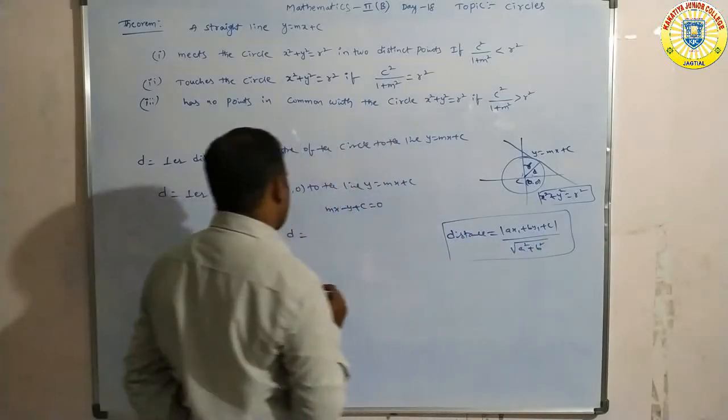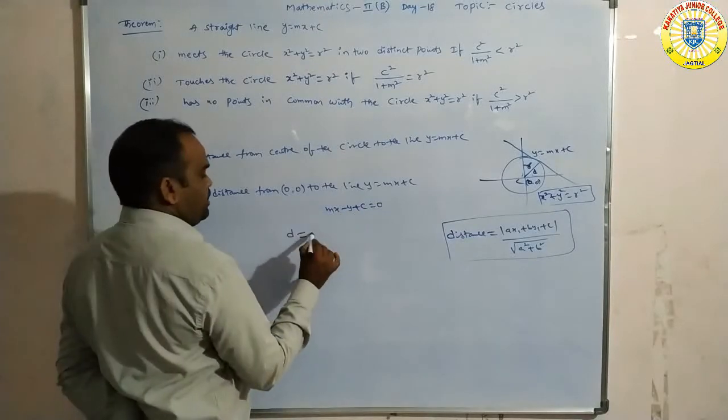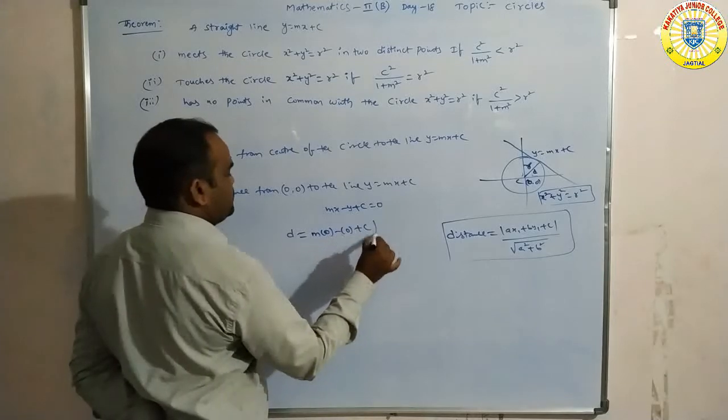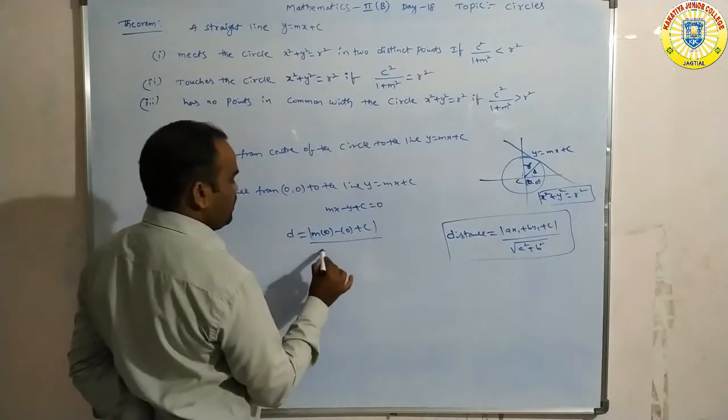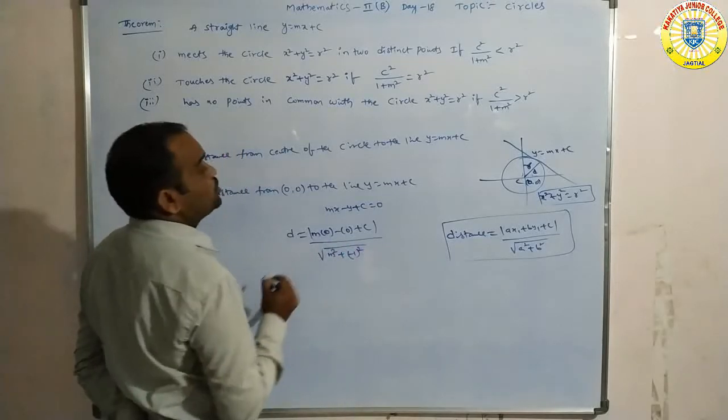So D is the distance from (0, 0) to the line: (m into 0 minus 0 plus c) / under root of (m square plus (-1) whole square).